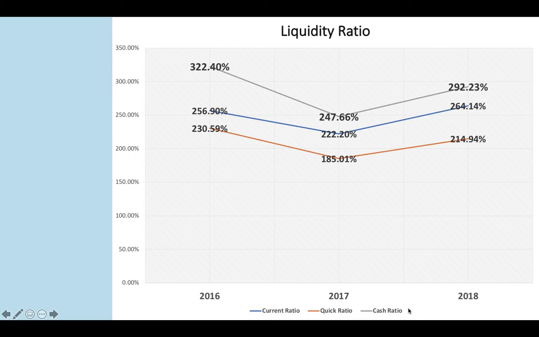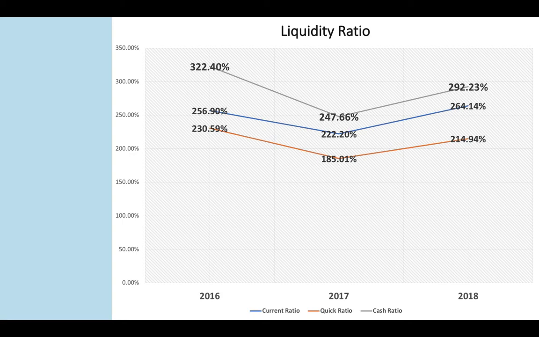Even if we see the lowest point, for quick ratio in 2017, the ratio is still 185.01%. It means that they still have 85.01% current asset that exceeds their current liabilities.